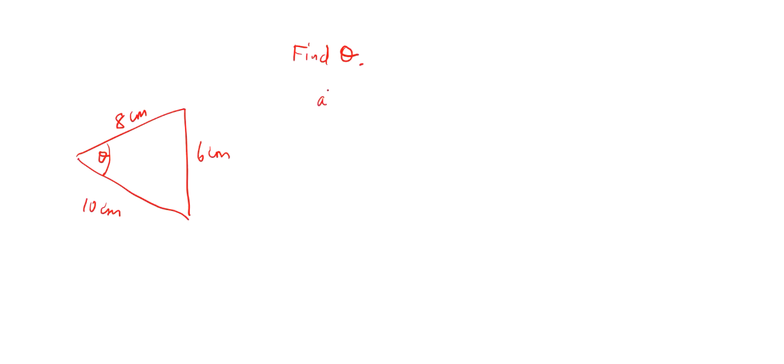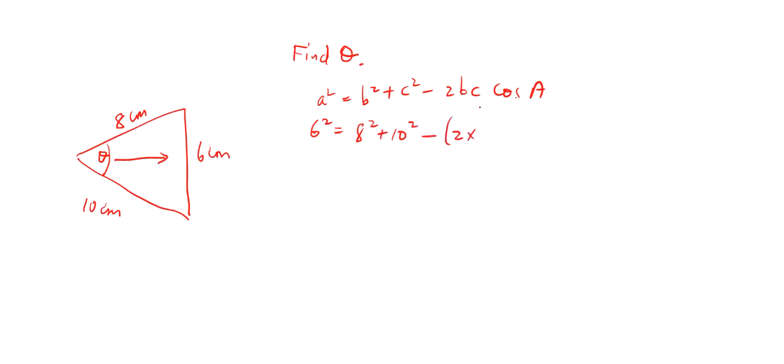So we're going to set up the cosine rule. So a squared is equal to b squared plus c squared minus 2bc cos A. And the small a, we usually take that to be the side opposite the angle we are interested in. So this will be 6 squared is equal to 8 squared plus 10 squared minus 2 multiplied by 8 by 10 by cos theta.